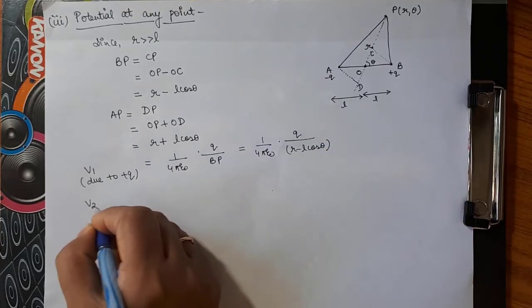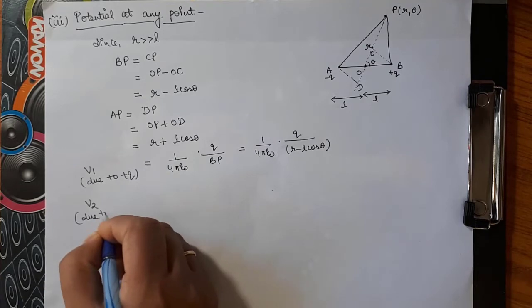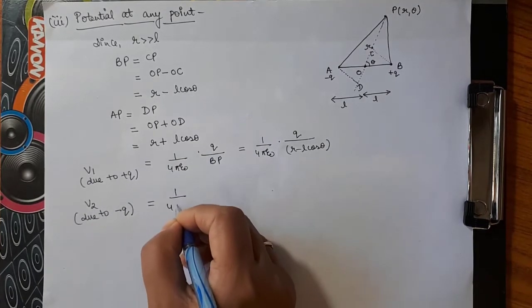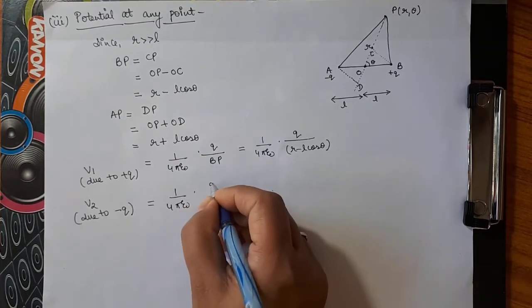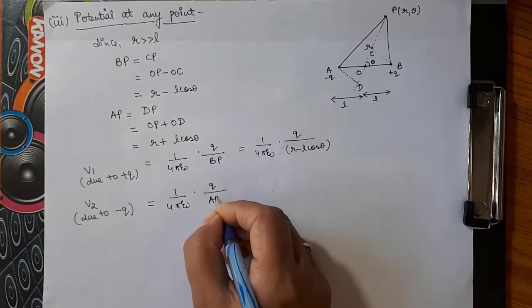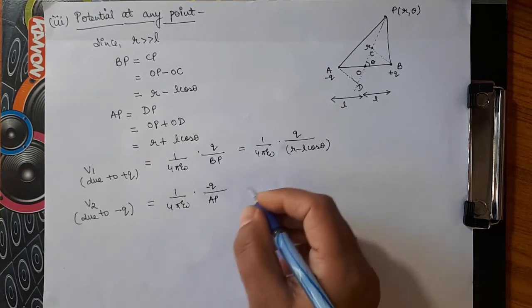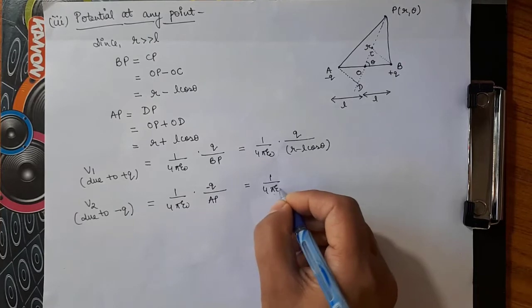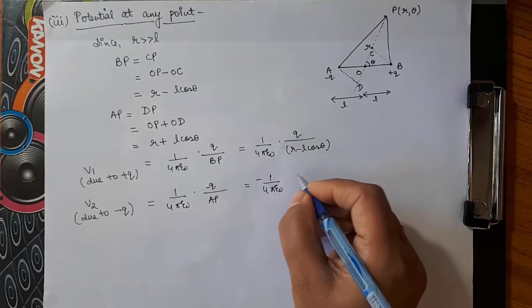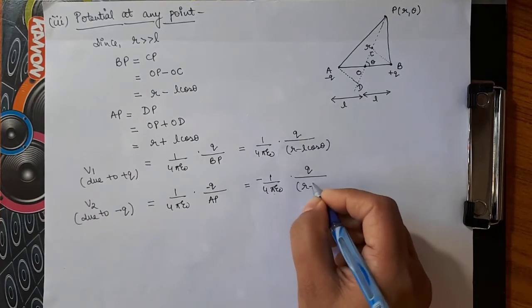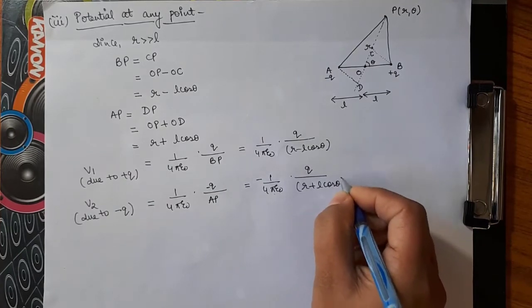Now the potential due to charge minus q is 1 upon 4 pi epsilon naught q upon the distance. Here it is AP and the charge is minus q, so it is represented as 1 upon 4 pi epsilon naught into minus q upon AP, which we have just calculated above. It is r plus L cos theta.